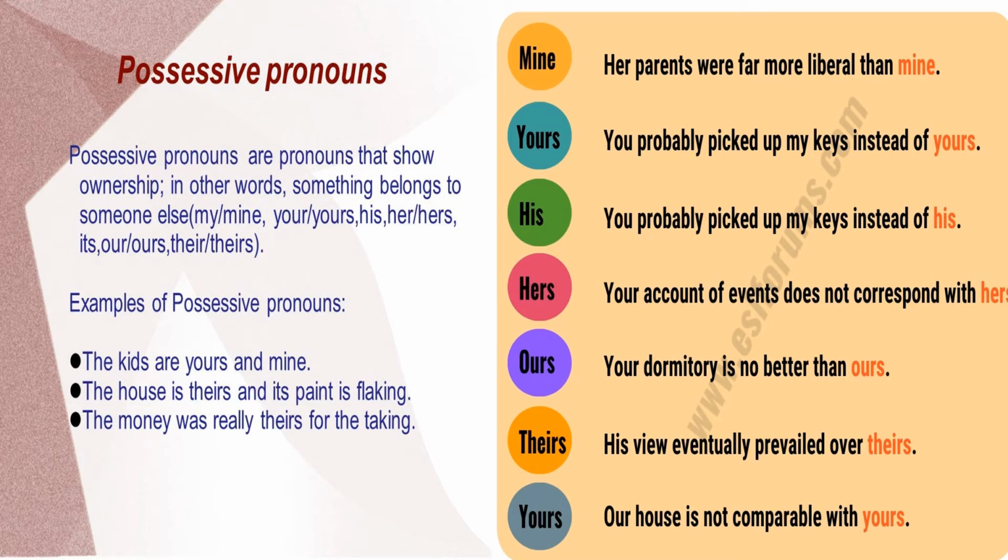Okay, in a sentence. Her parents were far more liberal than mine. You probably picked up my keys instead of yours. You probably picked up my keys instead of his. Your account of events does not correspond with hers.